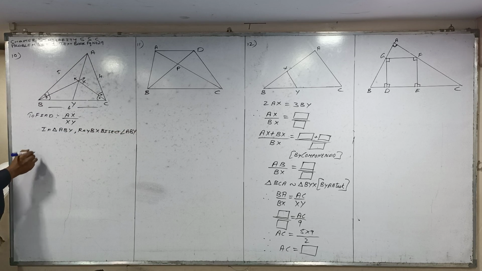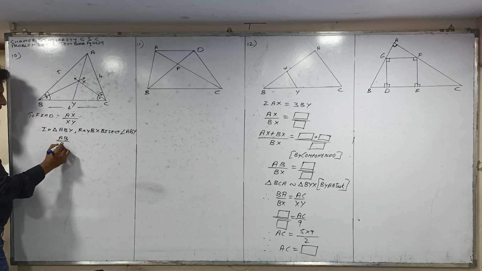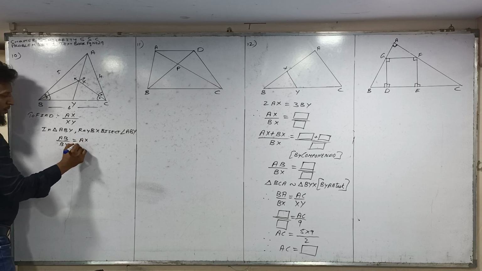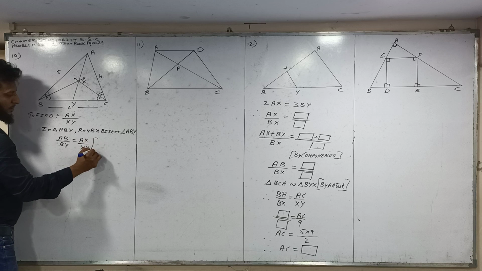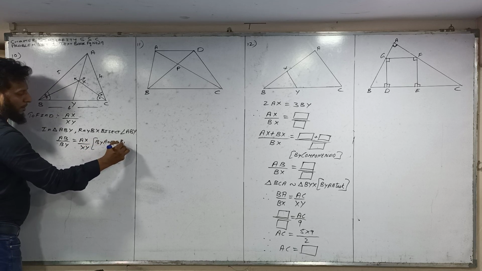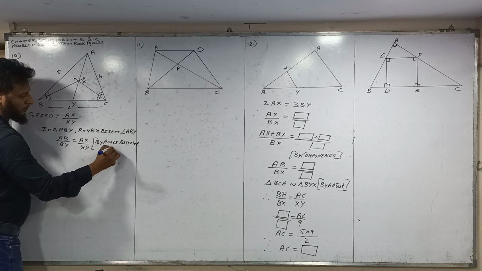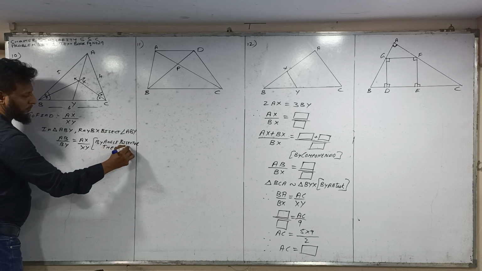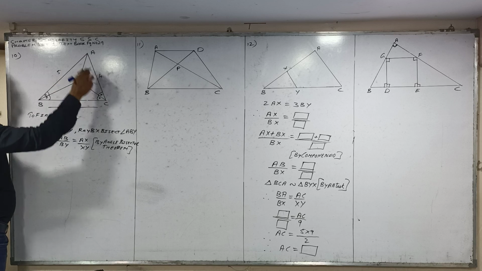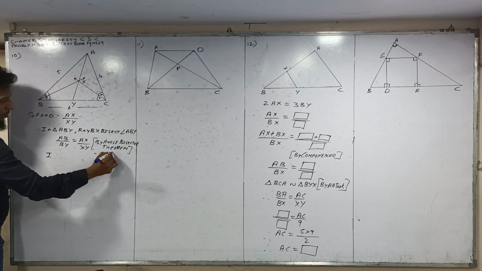Therefore, by the angle bisector theorem, AB upon BY is equal to AX upon XY. By the angle bisector theorem. Now give this number 1.